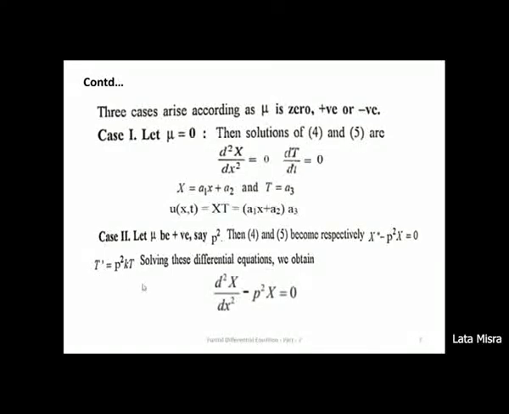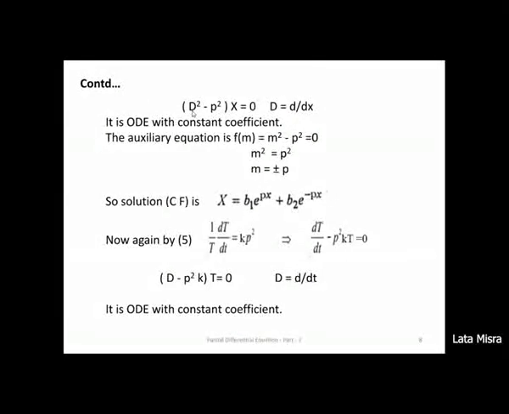Now both the equations are ordinary differential equations with constant coefficients, and we solve as follows. First we substitute D equals d/dx. We get (D² minus p²)X equal to 0.